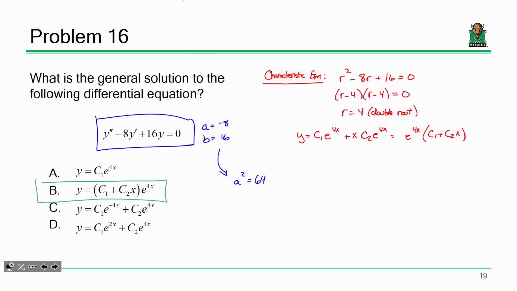There we go. What is 4B? What does it say? If A squared equals 4B, the solution is of the form y equals C1 plus C2 x times e to the 4x. And how do you get R1? Literally, just solve the roots.